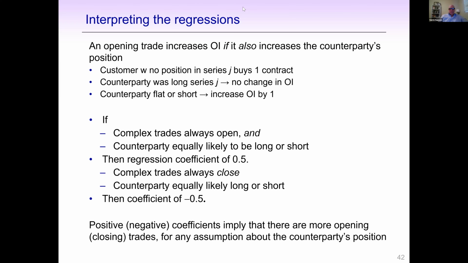Neil, I have another question regarding the interpretation that the complex trades are always open. One alternative explanation would be the margin requirement for open complex trades is actually lower. So when people open a position, when they exit the position, they always decompose their legs.